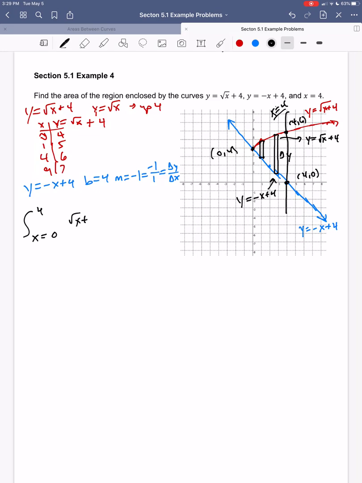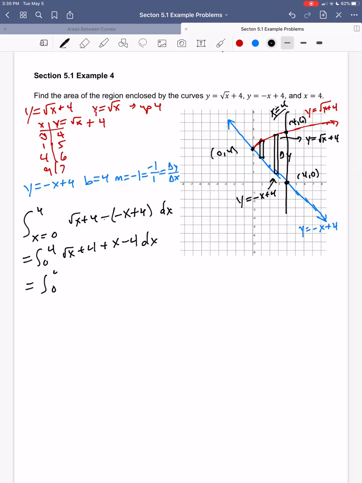That's the top y-coordinate. And I subtract off the bottom y-coordinate, which is negative x plus 4. And then I multiply by the thickness of the rectangle, which is dx. So we get square root of x plus 4 minus a negative x, that becomes plus x, and then minus 4, dx.